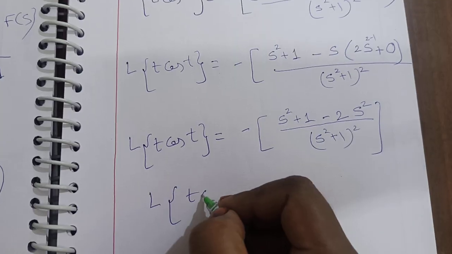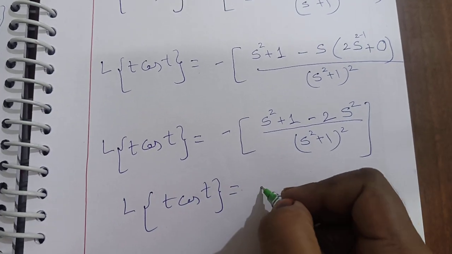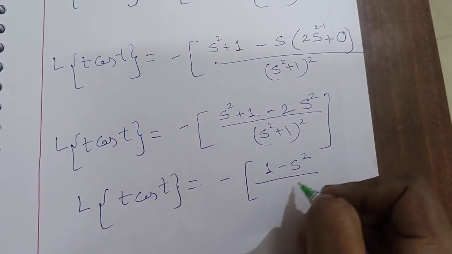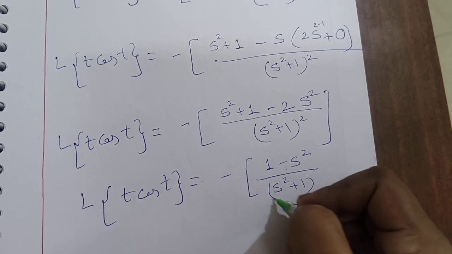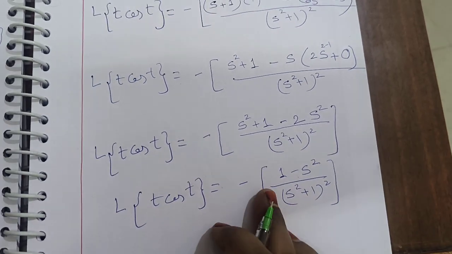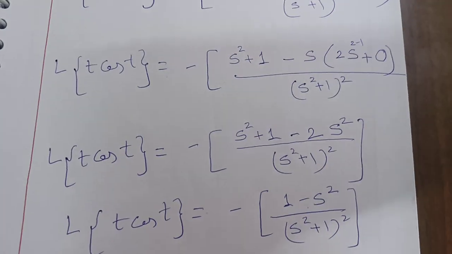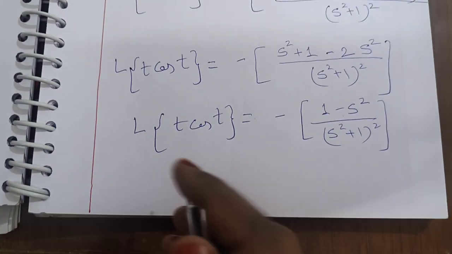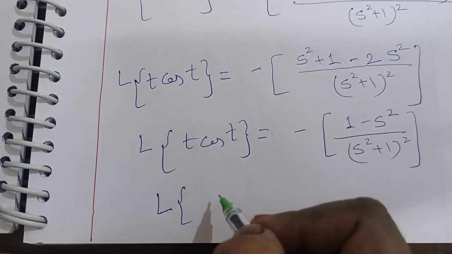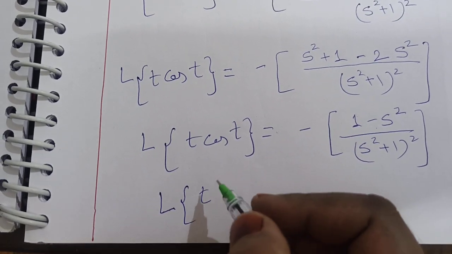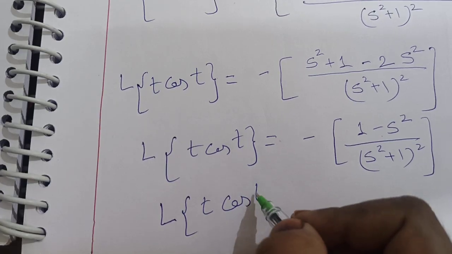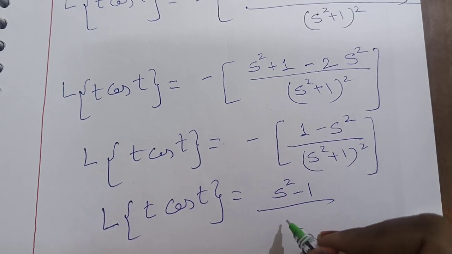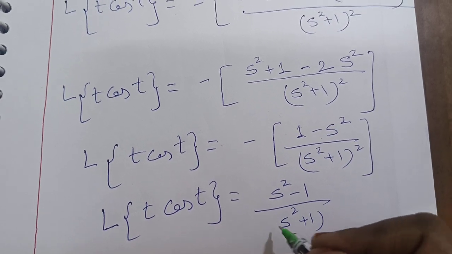L of t cos t is equal to the minus sign kept as it is, 1 minus s square by s square plus 1 whole square. Now when we open the bracket multiplying with the negative sign, we get minus 1, minus into minus plus s square. So L of t cos t is equal to s square minus 1 by s square plus 1 whole square.